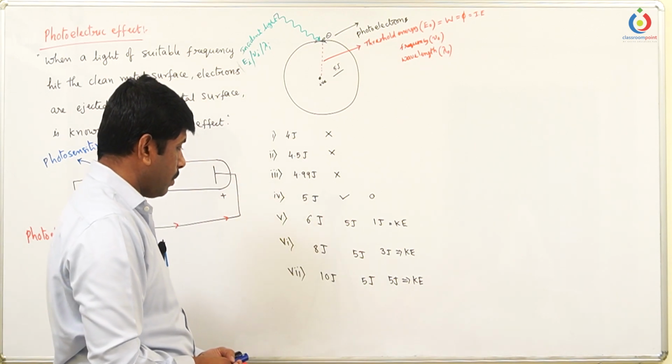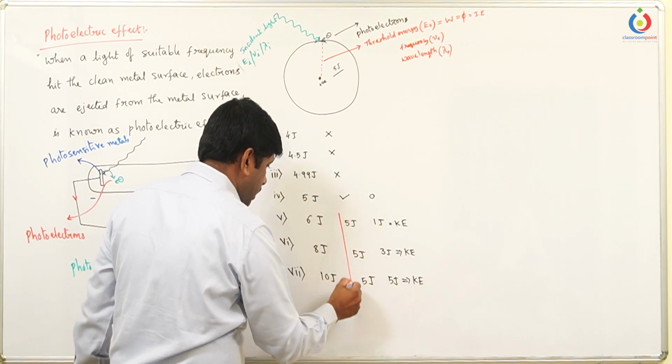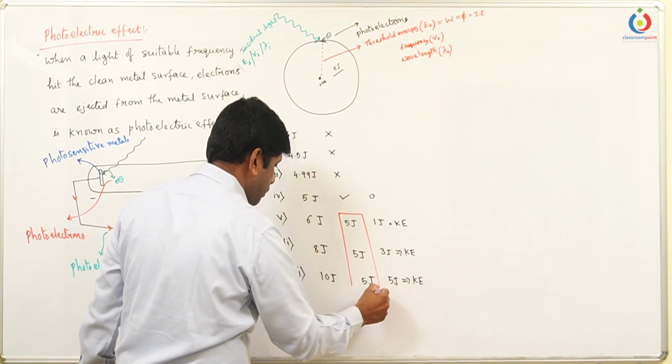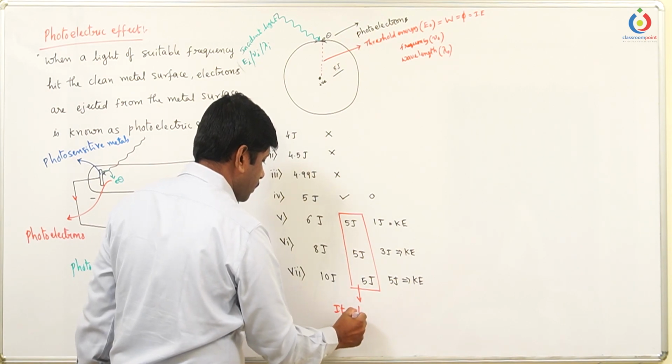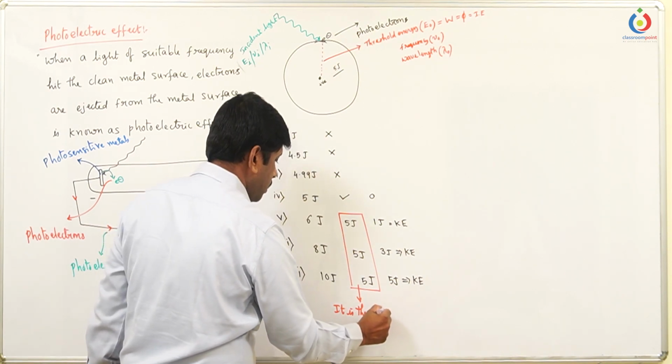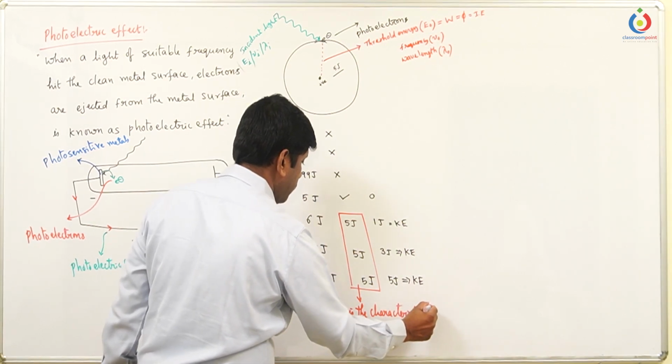And one more thing is, the threshold energy remains constant for a particular metal. So it is a characteristic of the metal.